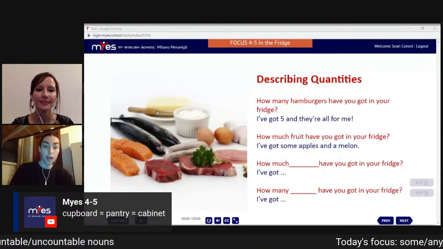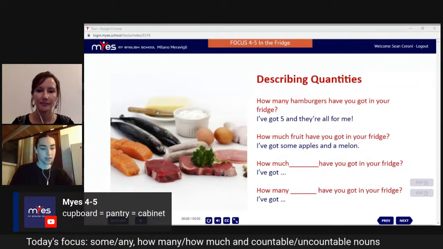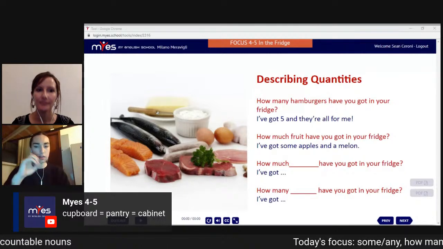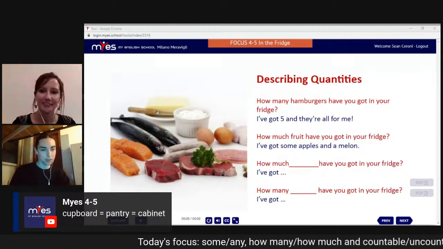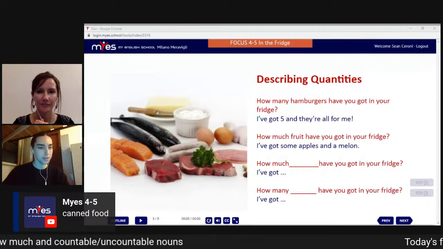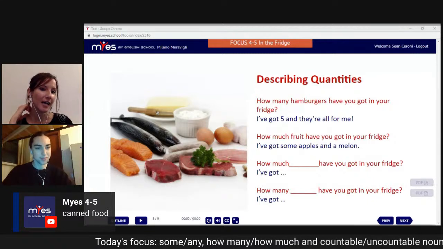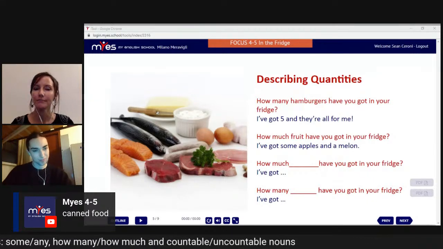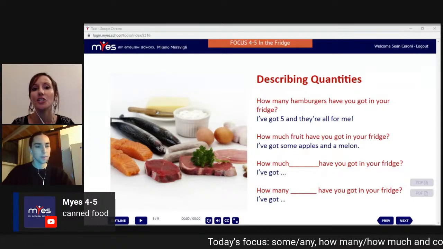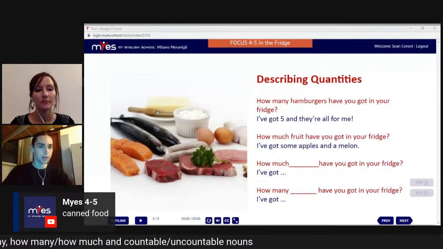At the moment, I know because of the quarantine, a lot of people are buying food in cans. And cans are little metal containers. And what kind of food can you get in a can, Danielle? You can get tuna, corn, lentils, chickpeas, a lot of beans and legumes and things like that.